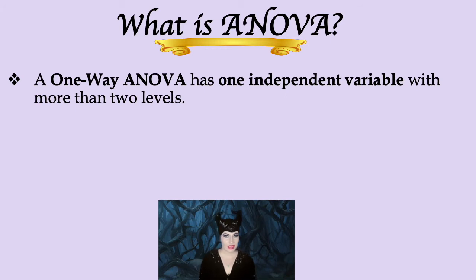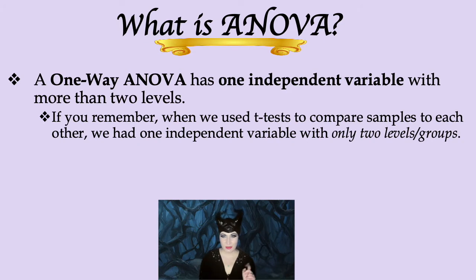So when you hear the expression one-way ANOVA, that means that the analysis will have one independent variable with more than two levels. So thinking back to the one sample t-test or any t-test in general, we used to compare samples to each other in which we had one independent variable with only two levels or groups.